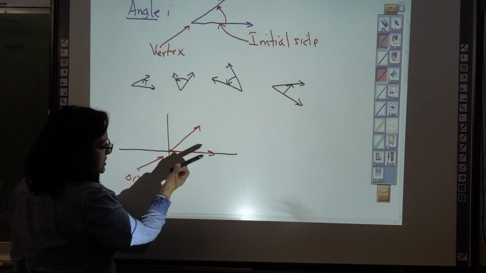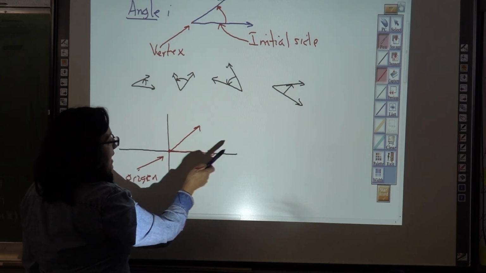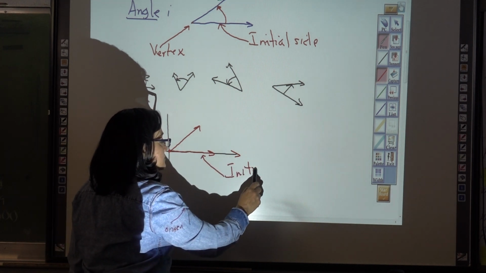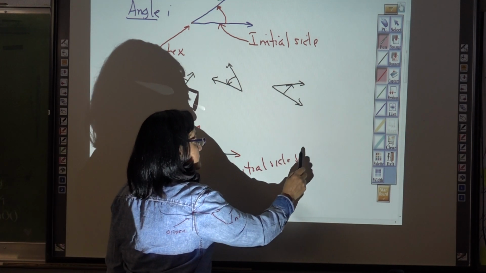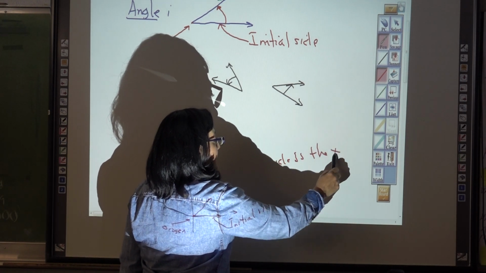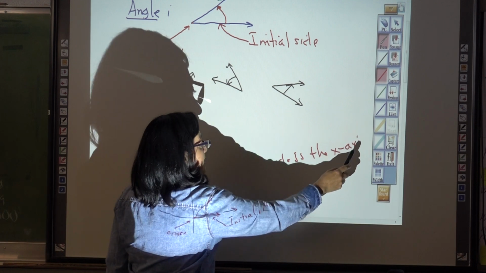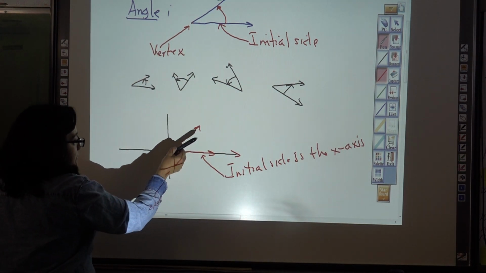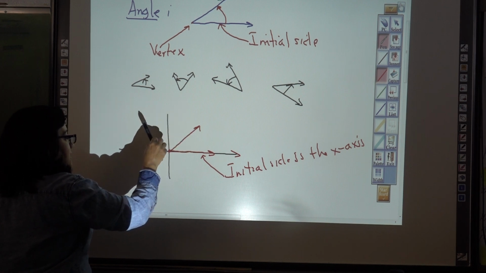The initial side of the angle is the x-axis, it coincides with the x-axis, and the terminal side is wherever it falls. It can be in the first quadrant, second, third, fourth.